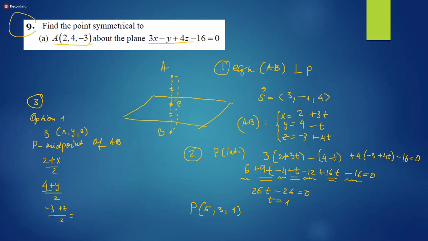The midpoint of the segment AB, where B is unknown, is P, whose coordinates we know: 5, 3, 1. So X is 10 minus 2, X is 8. To get 3, we need 6 divided by 2, so Y is 2. And to get 1, we need 2 divided by 2, so Z is evidently 5. So the point B has coordinates 8, 2, 5.